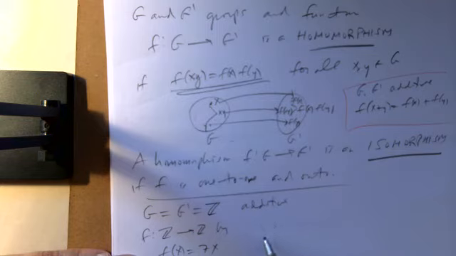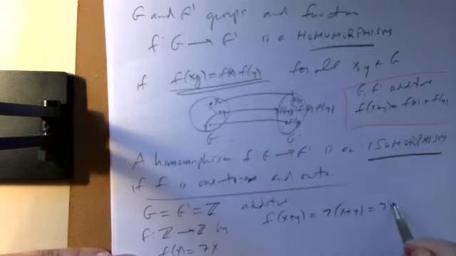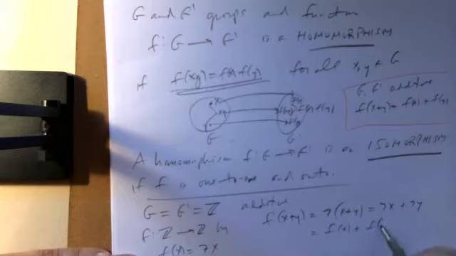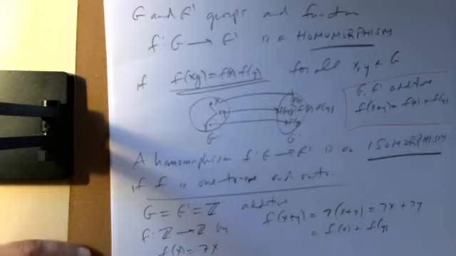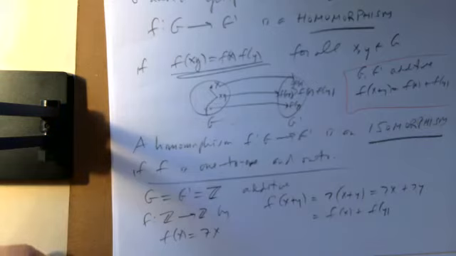Because for any integers x and y, f of x plus y is 7 times x plus y, which is 7x plus 7y. And 7x is f of x, and 7y is f of y. So this condition is satisfied. So this is an example of a homomorphism.